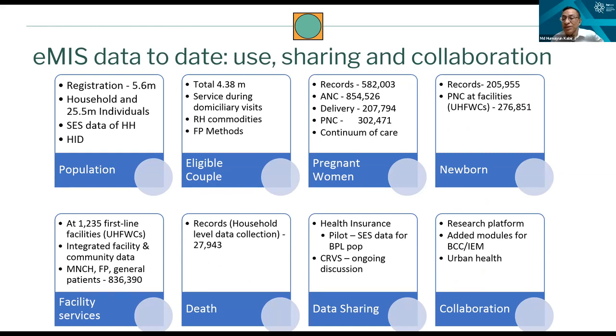We have pregnant women recorded with their ANC and PNC services, birth data, death data, and these data are being shared for health insurance. And also it is providing a robust platform for research. That means that these data have proved their value. Next slide, please.